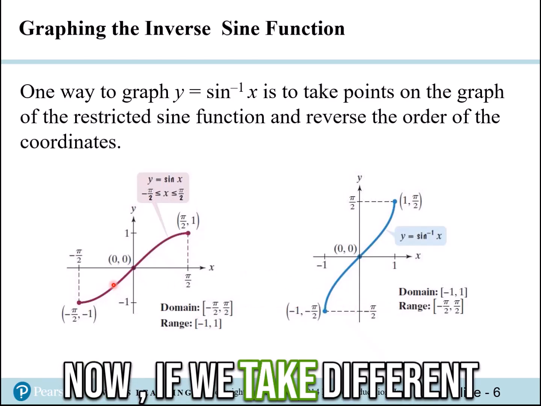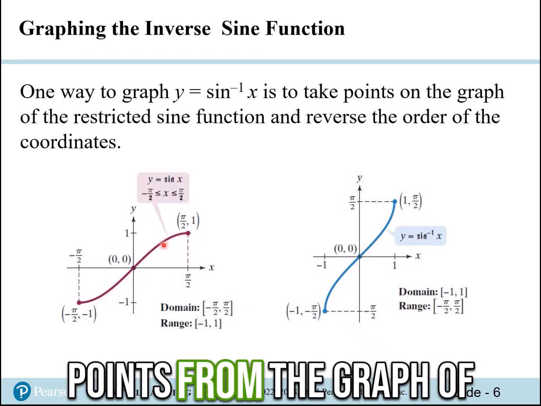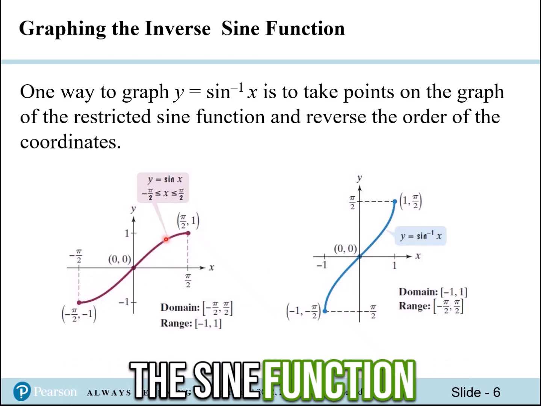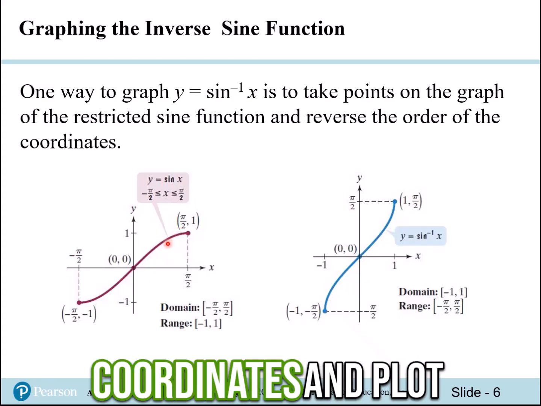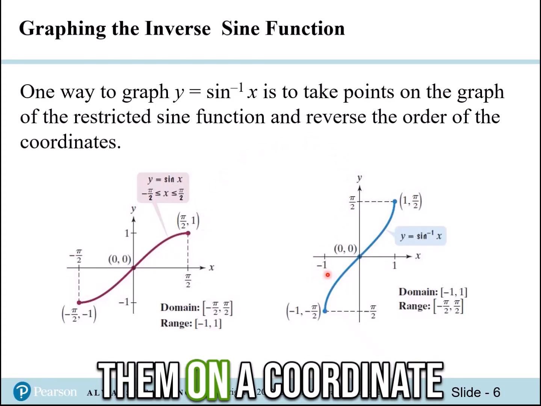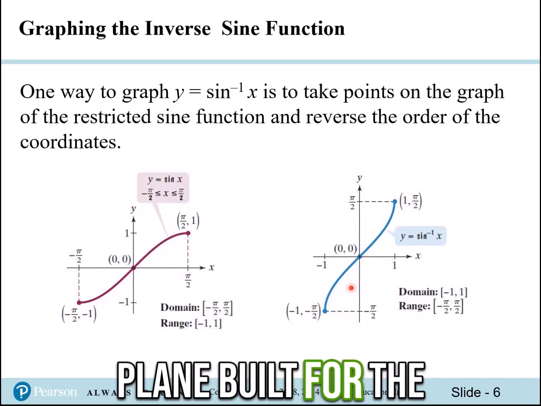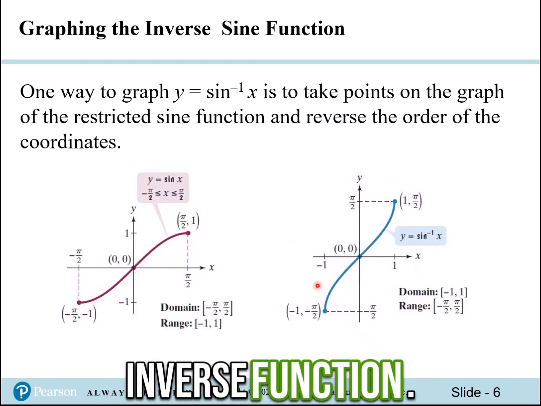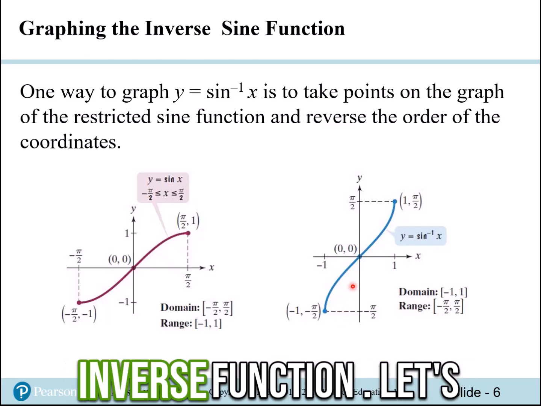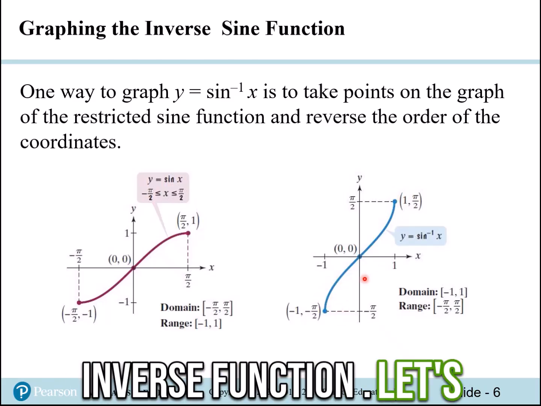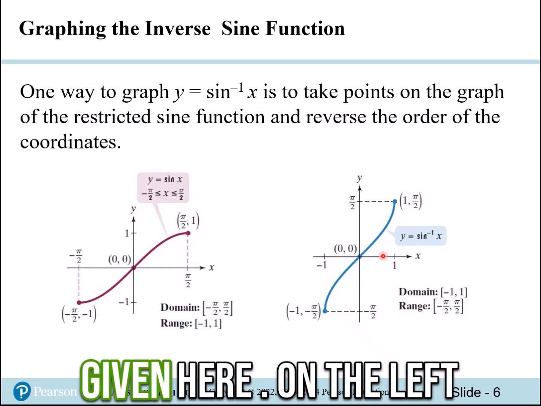Now, if we take different points from the graph of the sine function, switch the x and y coordinates and plot them on a coordinate plane built for the inverse function, connect those points, we will get the graph of the inverse function. Let's study the two graphs given here.